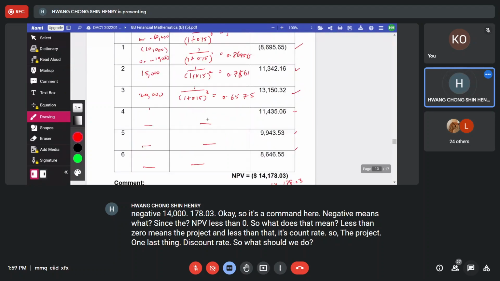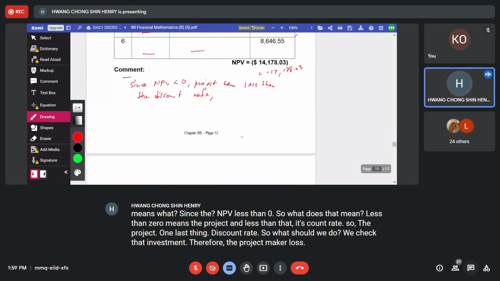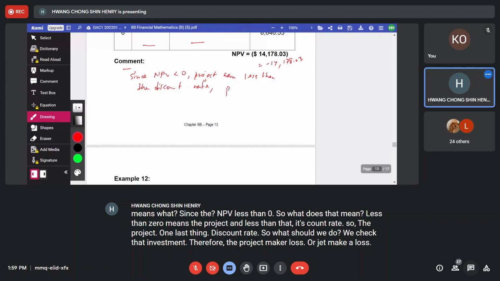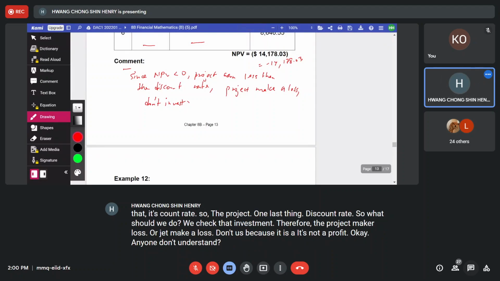We reject the investment. Therefore, the project makes a loss. Don't invest because it's not a profit. Okay? Anyone don't understand?